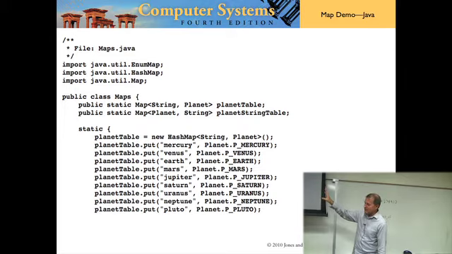Actually we did hash tables, right? So you know how hash tables work. Here again, it's a key value pair. So it's new HashMap with string and planet. That planet table has to be the same planet table that you declared up there to be public static Map. A hash map is a subclass of map.